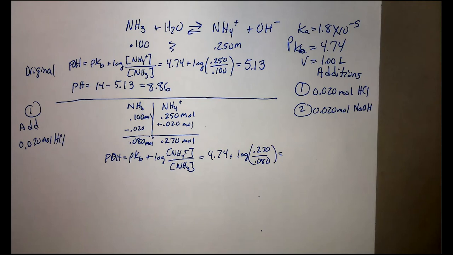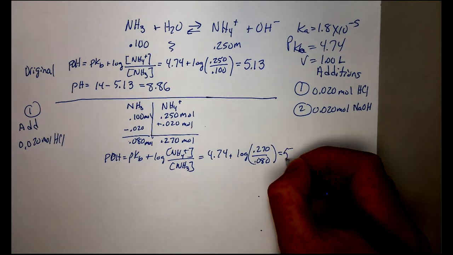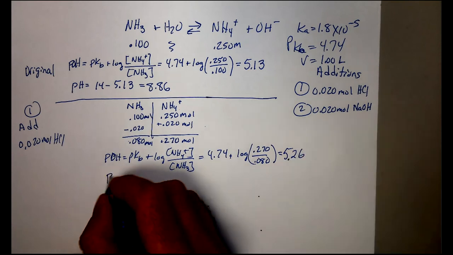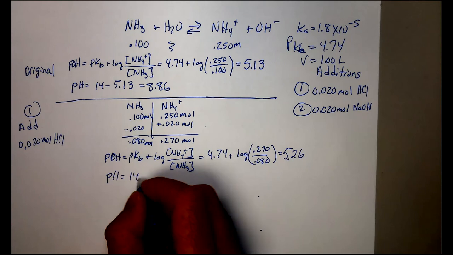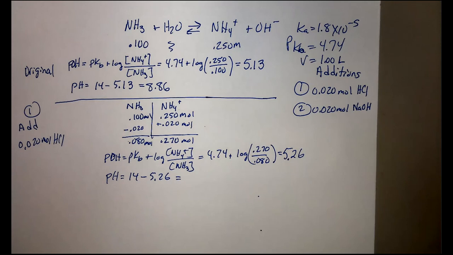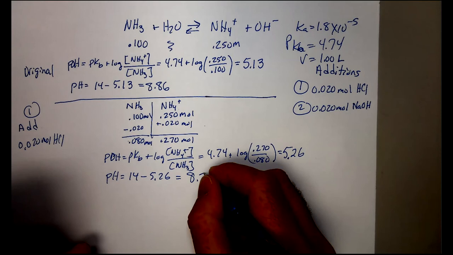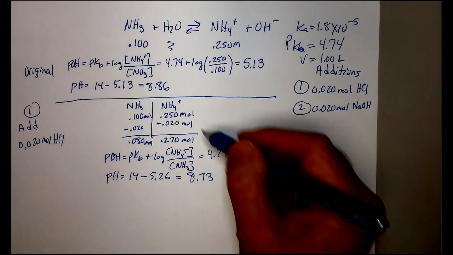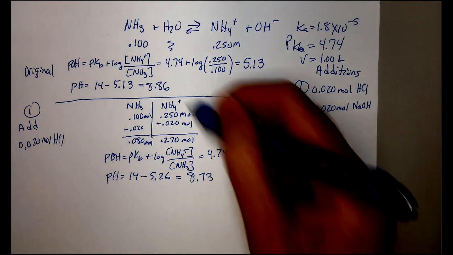And so we run that through our calculator, and we get a pOH of 5.26. Calculating the pH from the pOH, 14 minus 5.26, we get a pH of 8.73. So we can see it went down a little bit when it added the acid, but not a whole lot.